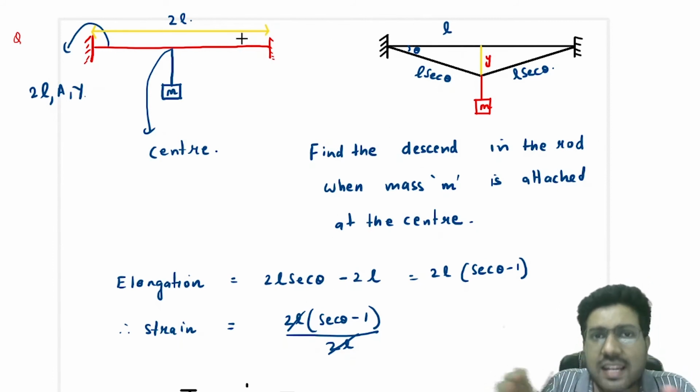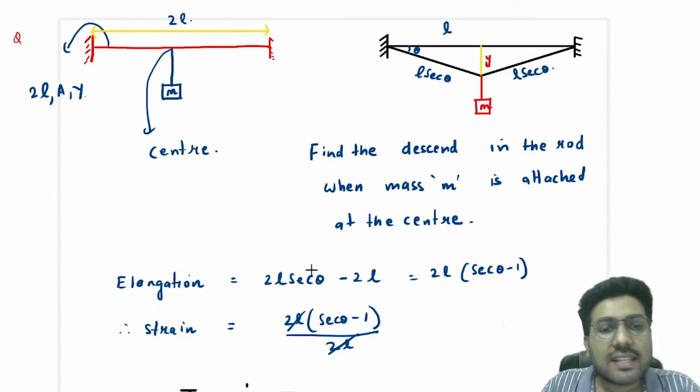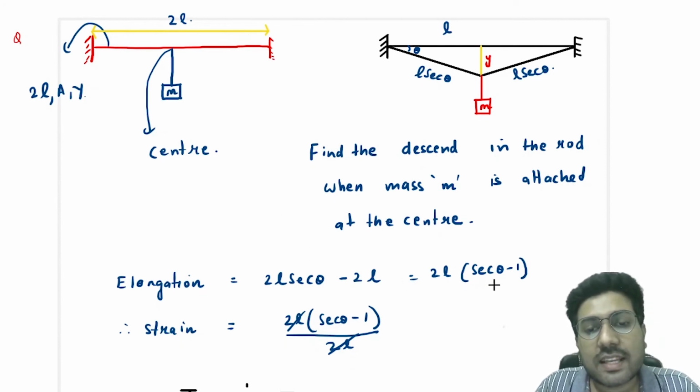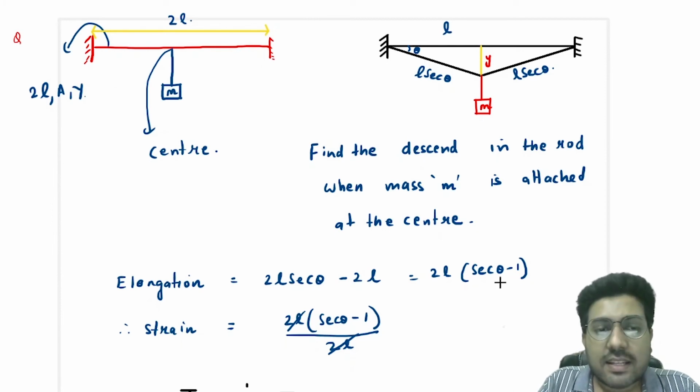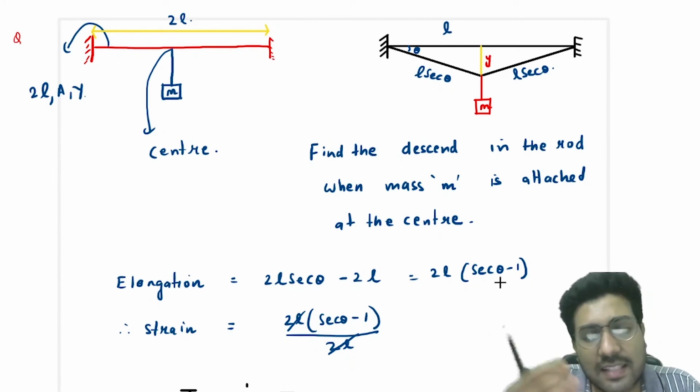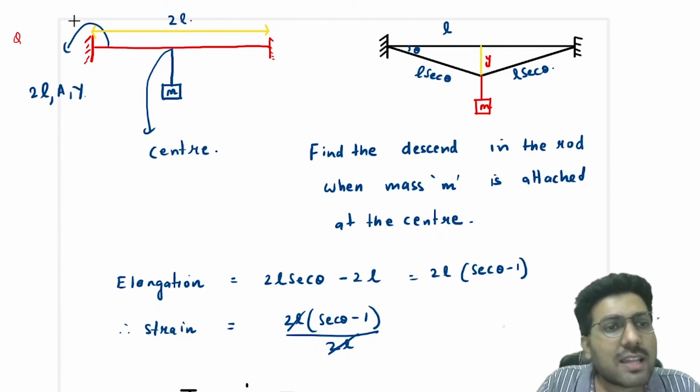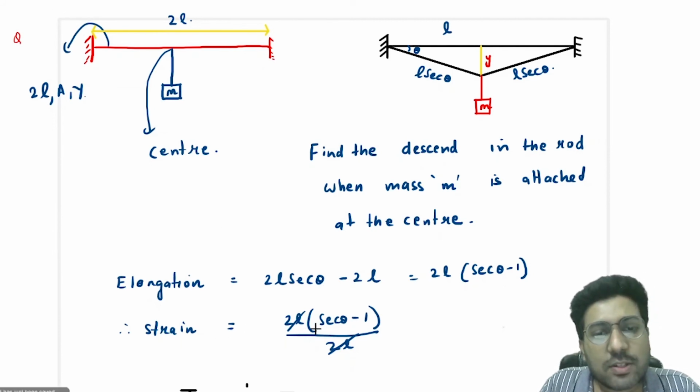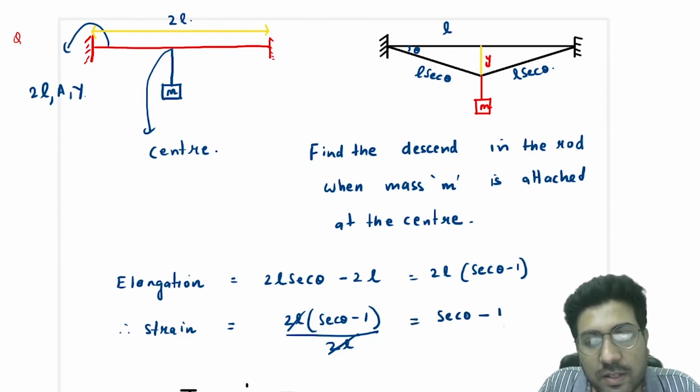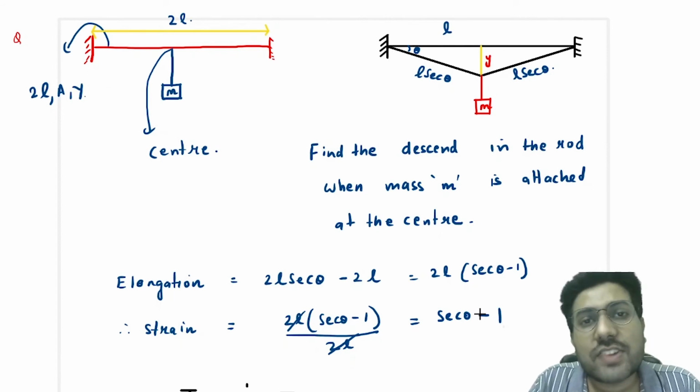So the change in length, that is the elongation, is 2L sec theta minus 2L, that is 2L into sec theta minus 1. Now what is the strain? The strain is delta L by L, that is elongation by original length. Original length was 2L, so the strain will be 2L into sec theta minus 1 divided by 2L, that is equal to sec theta minus 1. So we have got the value of the strain.